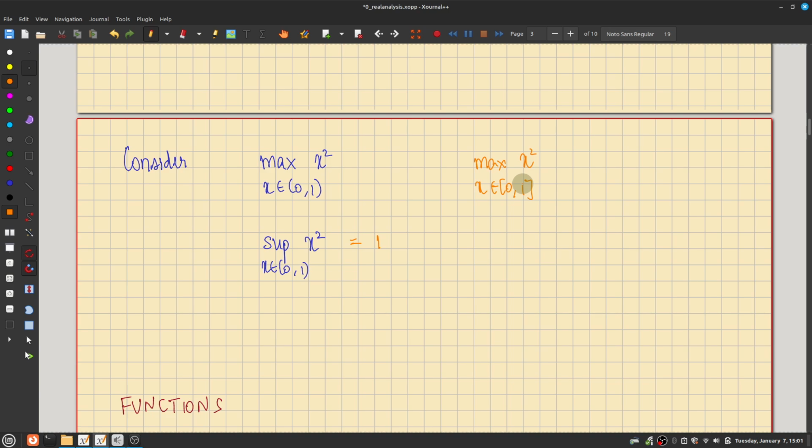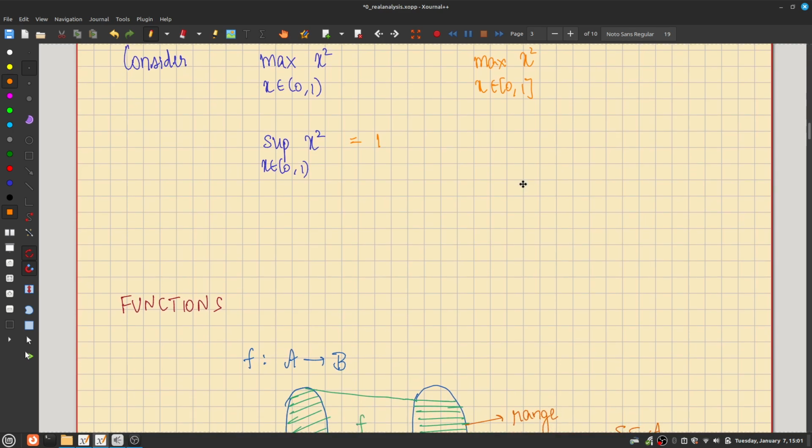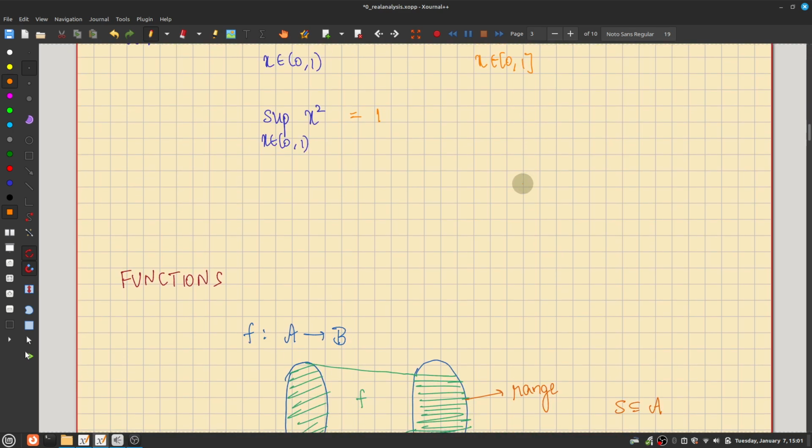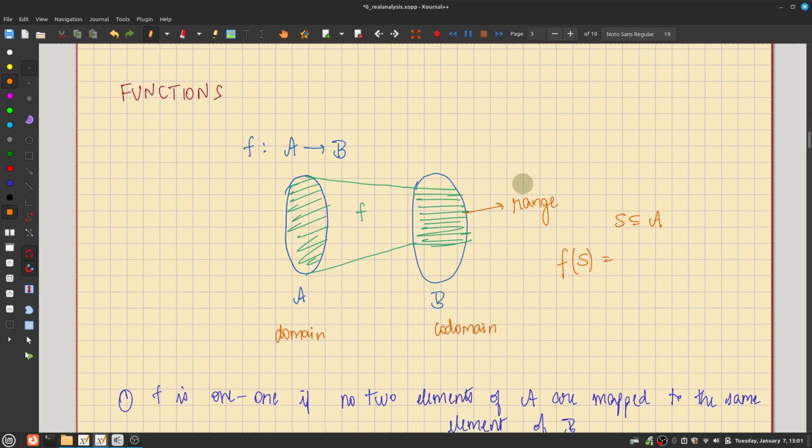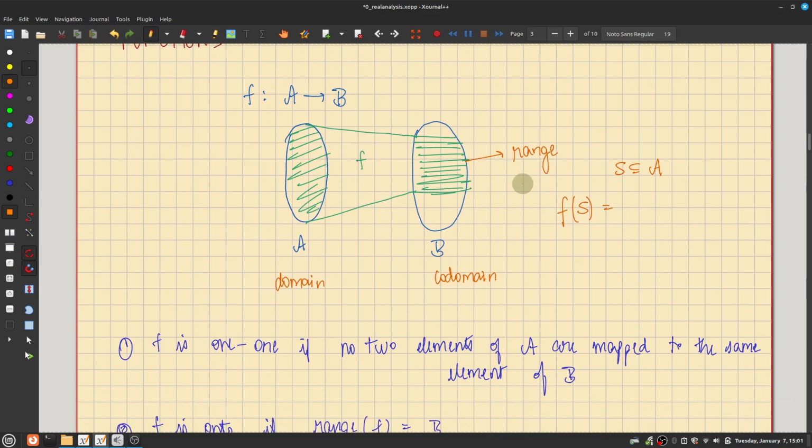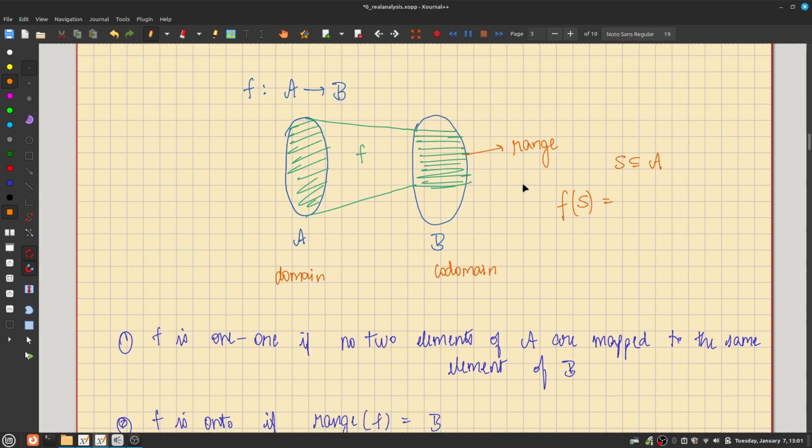But that's okay, because the boundary is well defined for this particular set. Okay. So now let's look at more general functions and their properties. We'll only look at closed sets, yes.